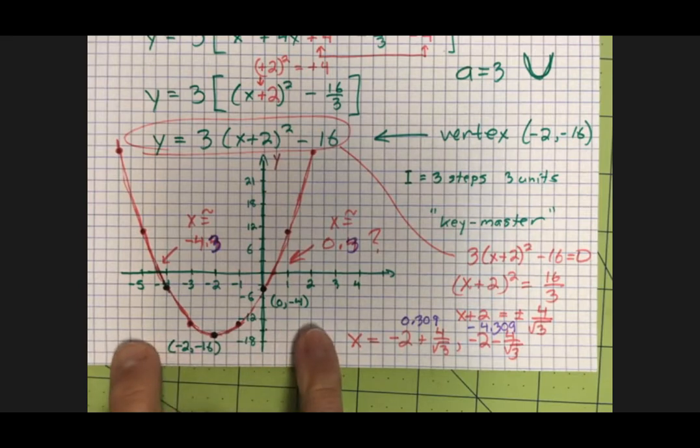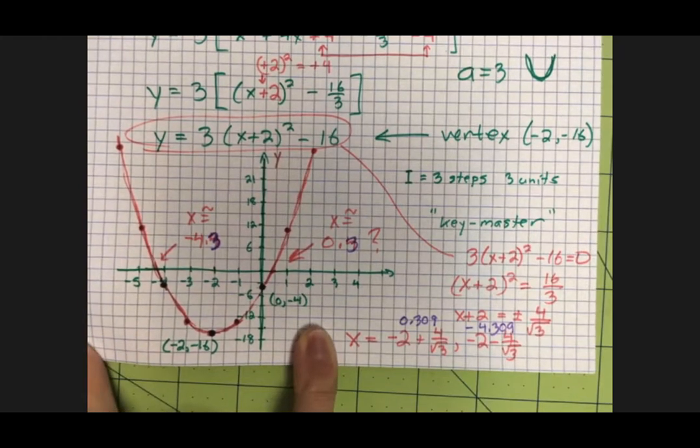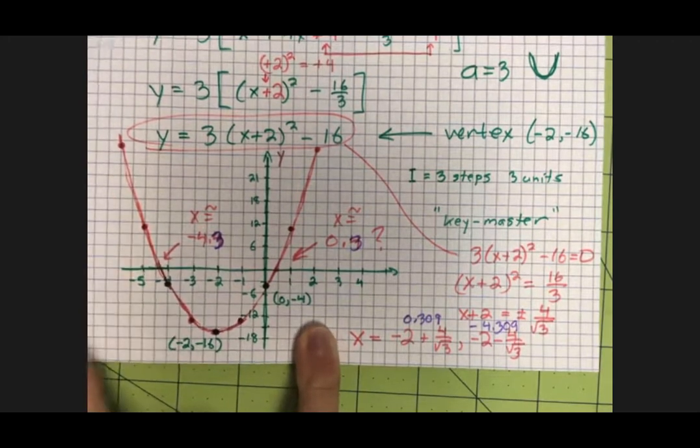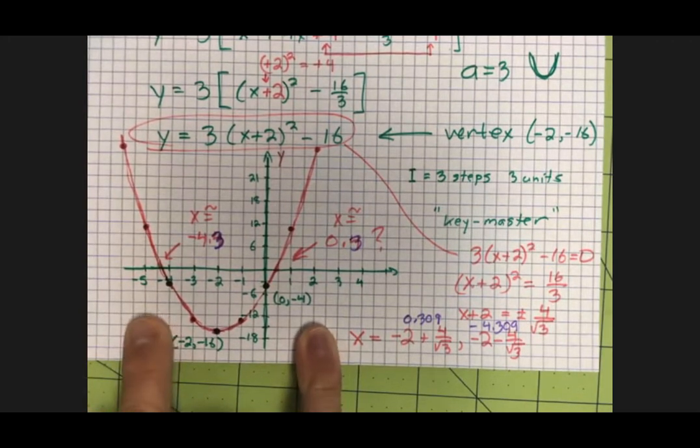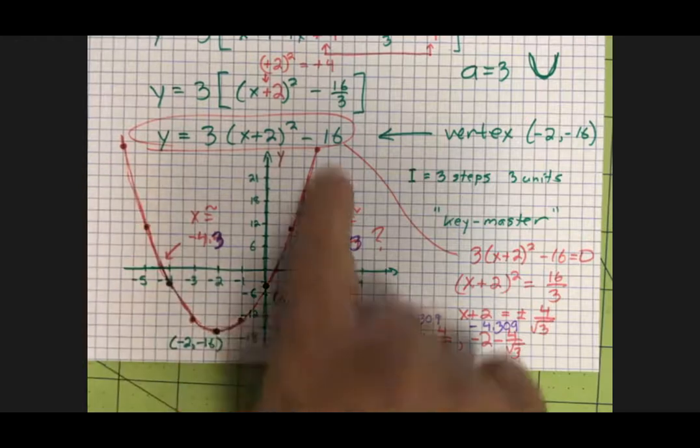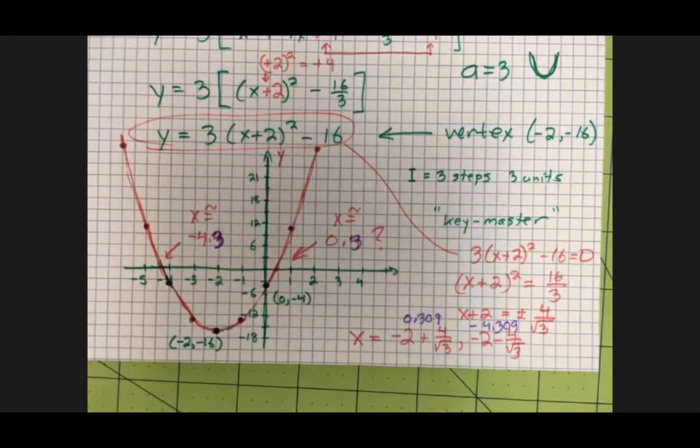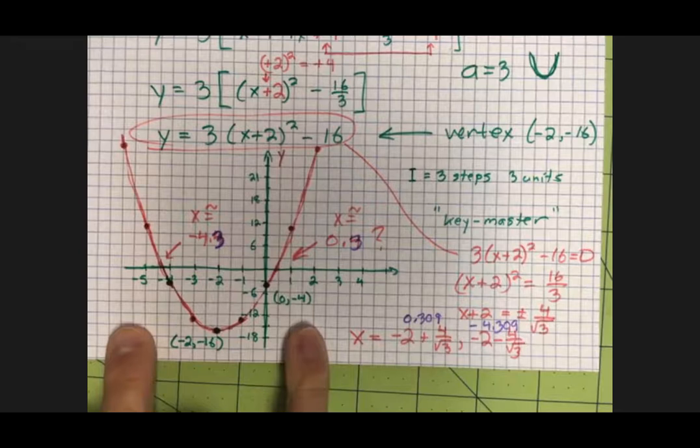But there's no person, not you, not me, not the fanciest math person at MIT, who could draw a parabola better than this. Beautiful, symmetrical, well labeled, exact points with a minimum of calculation. This is what I want your parabolas to look like.